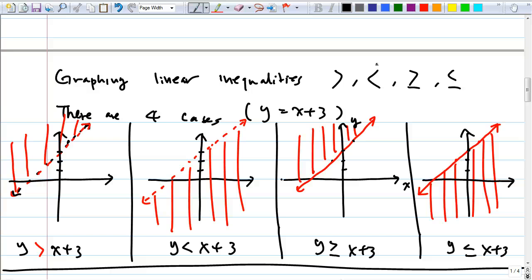You will have dotted lines or solid lines, depending on whether it's strictly less than or strictly greater than. If you have less than or equal to or greater than or equal to, the boundary line will be solid, right? Any questions?